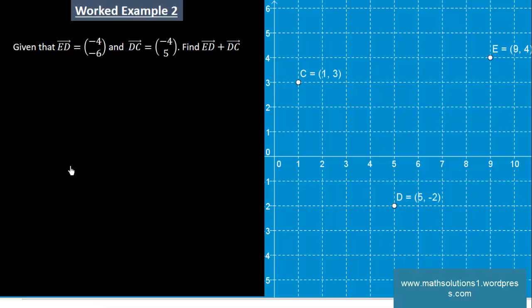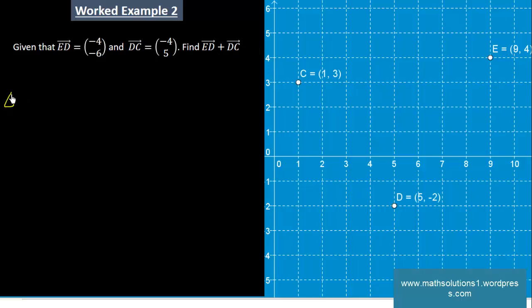Here is a worked example for addition of vectors. Given that ED is equal to (-4, -6), and DC is equal to (-4, 5), find ED plus DC.